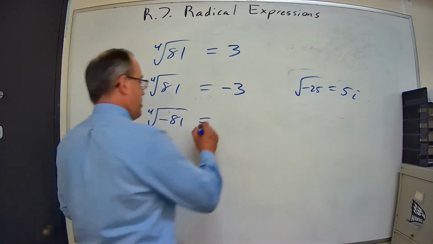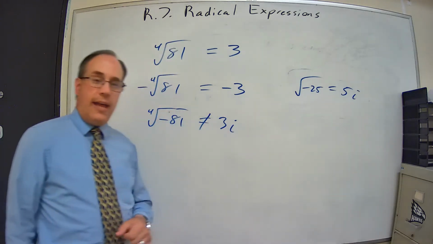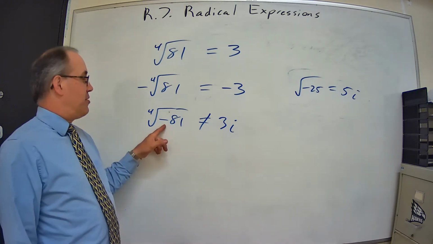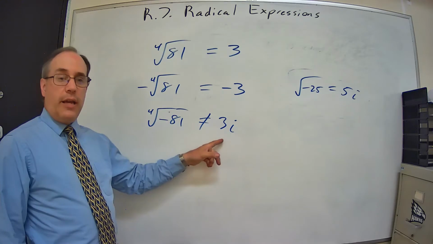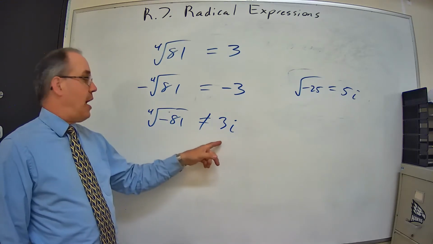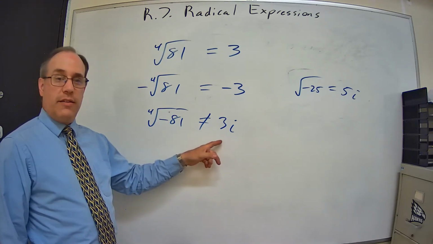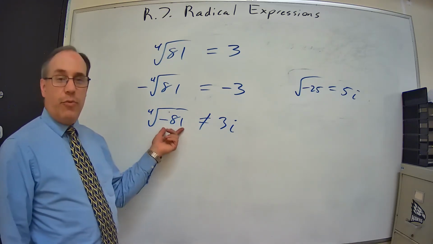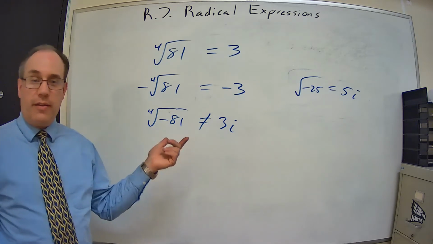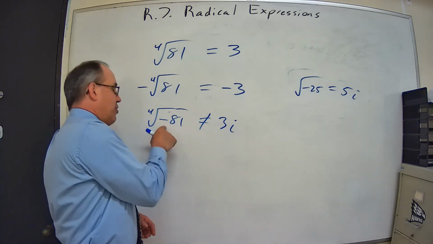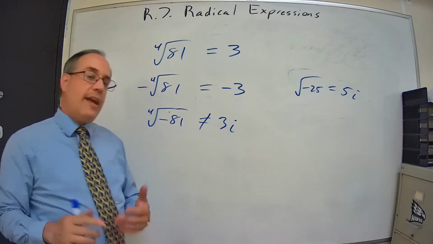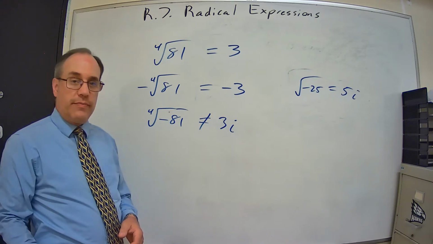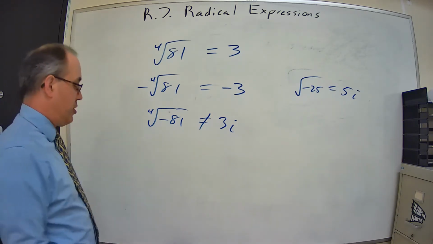This is not 3i, because 3i times 3i would be 9i squared, or negative 9. And then negative 9 times negative 9 would be positive 81, not negative 81. So be careful of that. The only time you can look at that negative is when you've got the square root. So just be careful of that.